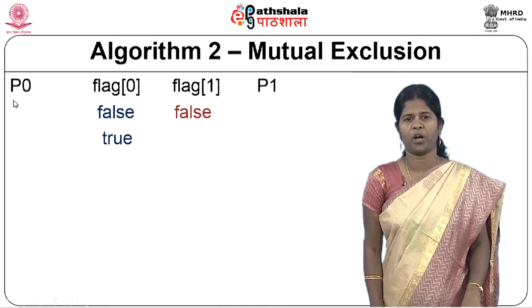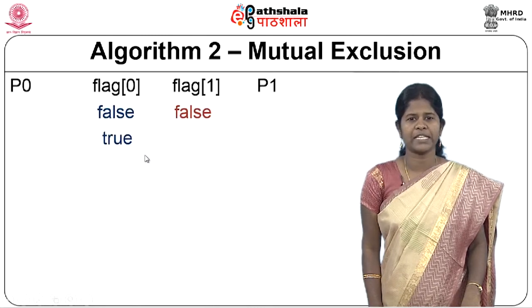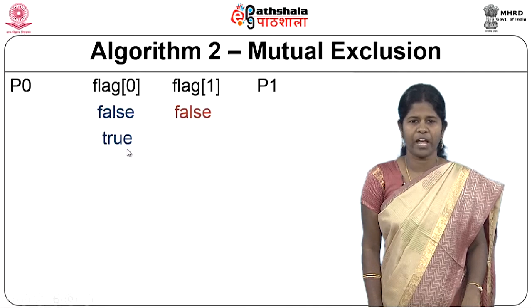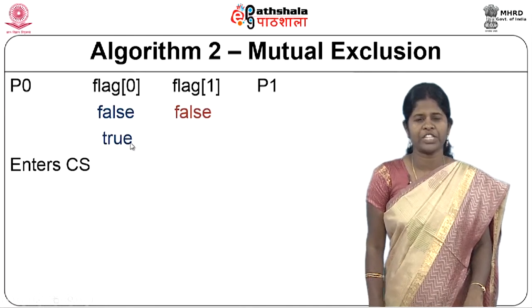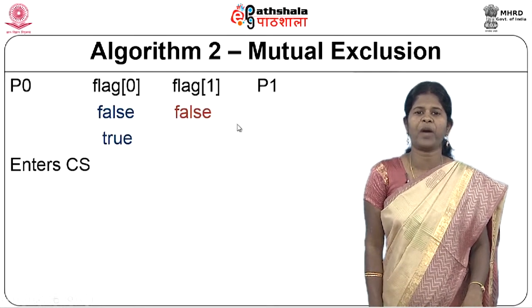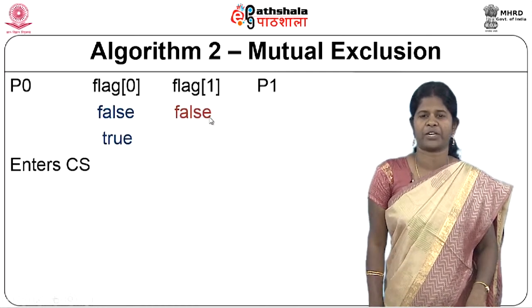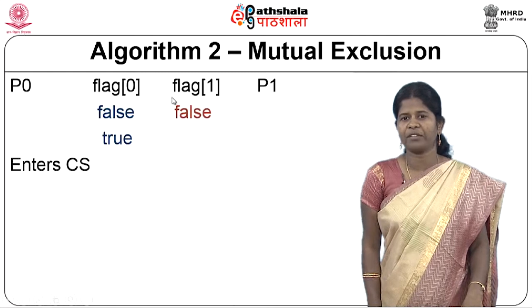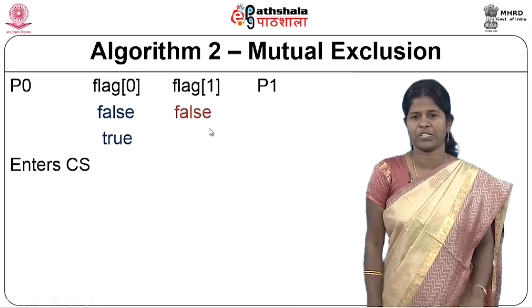Now P0 wants to enter the critical section and it sets its flag, flag of 0, to true. Then it checks if the other process's flag, P1's flag, is true or not, that is the while flag of j condition. It finds that flag of j, that is flag of 1 here, is false.